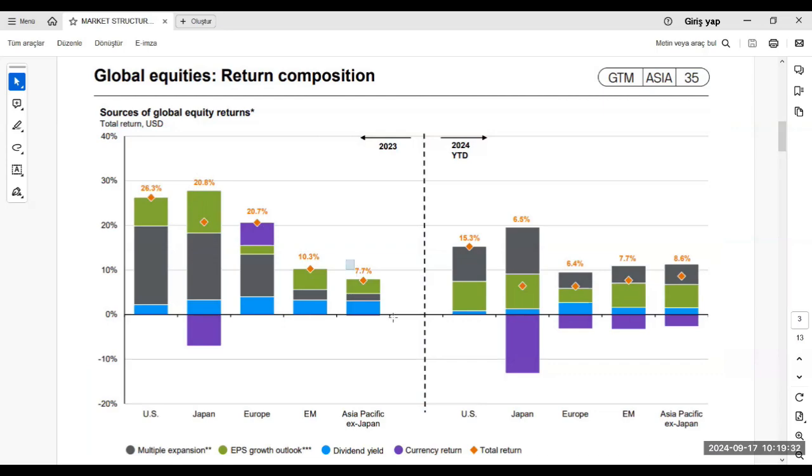The lowest one is Asia Pacific excluding Japan, just 7%. But please look at the euro. Currency brings approximately 6% of the contribution to the total return. Why? Because the euro USD parity increased from 1 to 1.11. So approximately 6% is coming from the currency valuation.